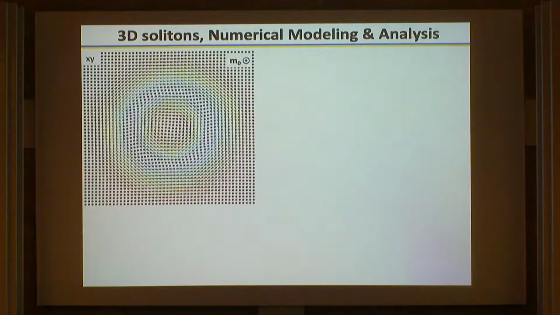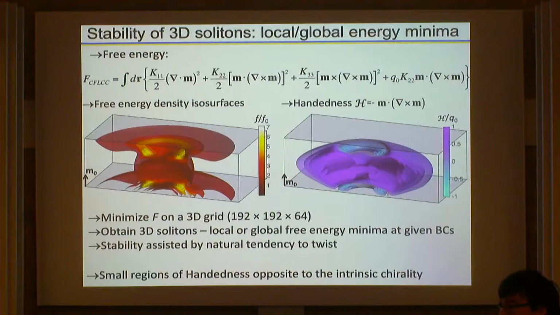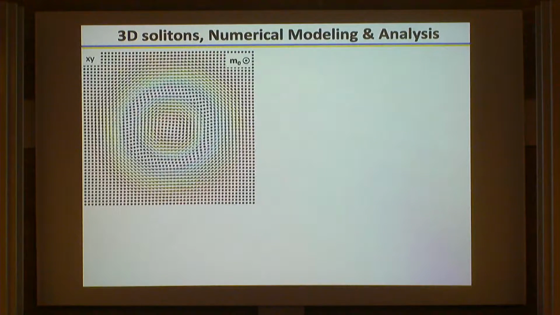Could I ask, what were the boundary conditions? So in here it's a uniform far-field. Okay. So you need to embed in that uniform far-field. Don't you need to add something like anisotropy or a field in order to stabilize this fermion? So in solid-state magnetic systems, this is exactly the case. The fermions in bulk materials would be stable only in a certain range of applied magnetic fields, right?